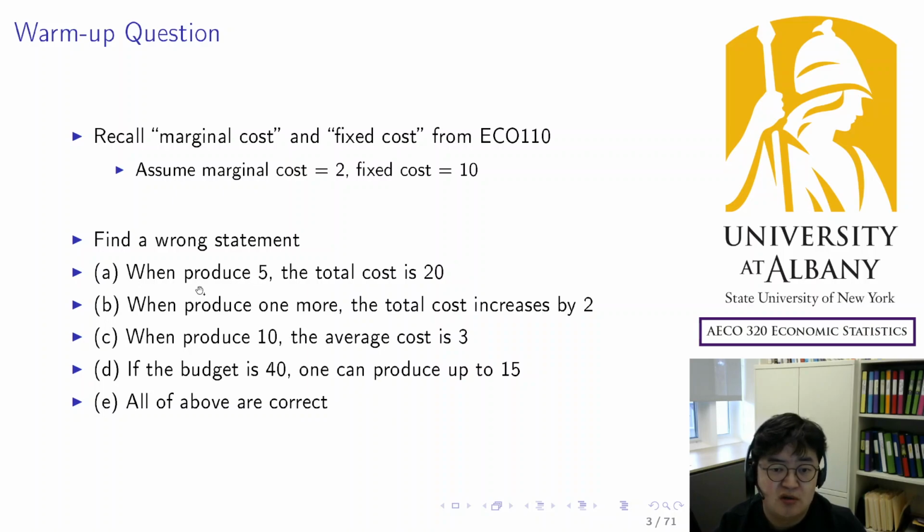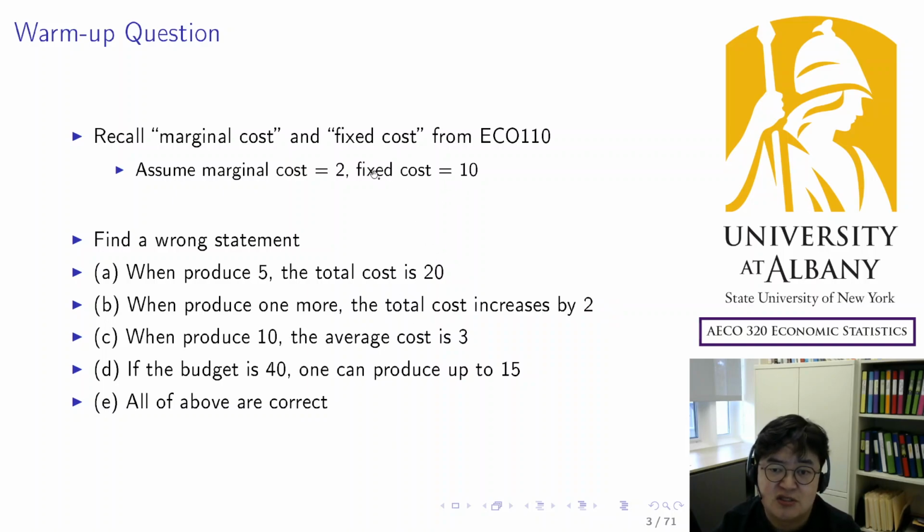So the first one: when you produce 5, the marginal cost times 5 plus the fixed cost is the total cost. That is 20. That is correct. And this is the definition of marginal cost: when you produce 1 more unit, the cost increases by the marginal cost. And when you produce 10, the total cost is 30.